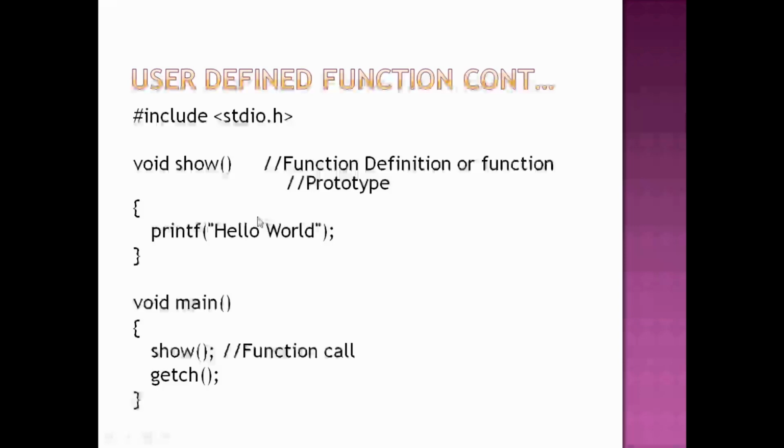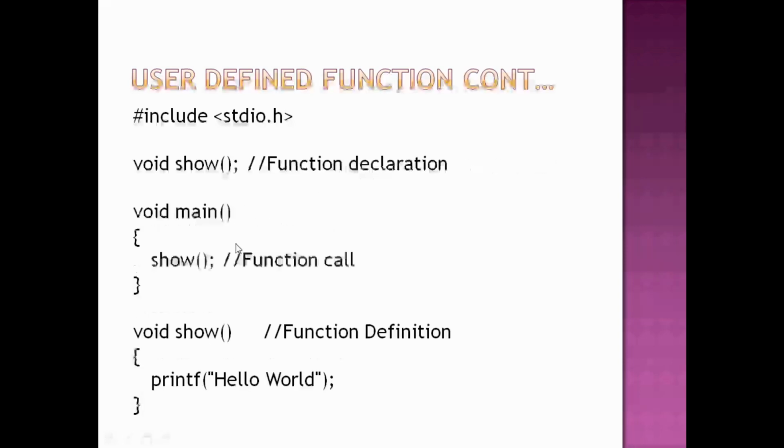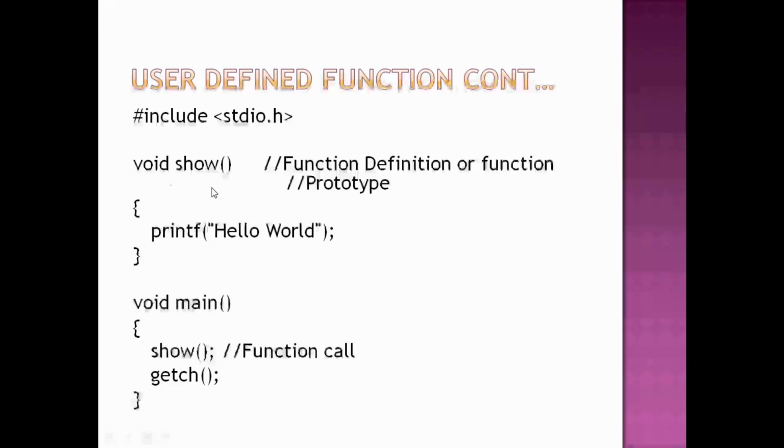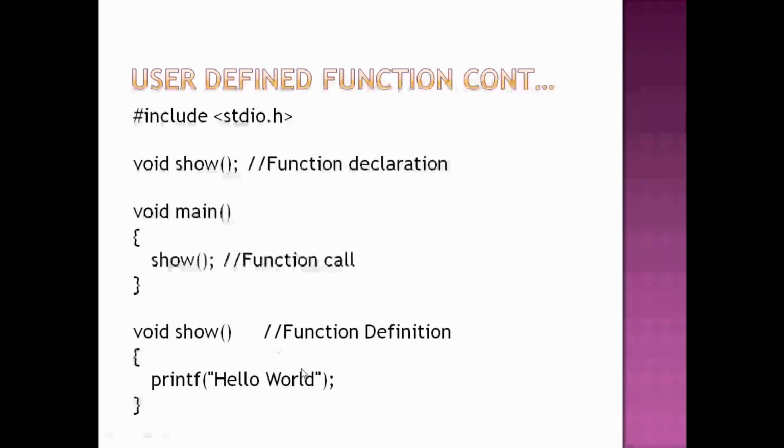Now here I've written the same program, but there is a slight difference if we compare with the previous slide. Here I have written the function declaration, then void main, and then I have written the function. But in this particular slide I have directly written the function, I have not declared that function. So this is also one of the ways we can write the function program. You can write the function above the main, or you can write the function after the main.